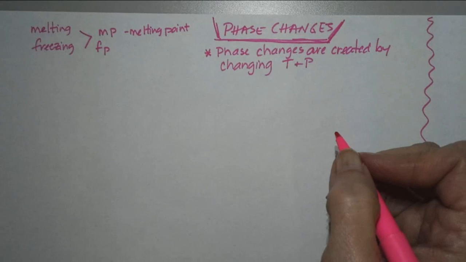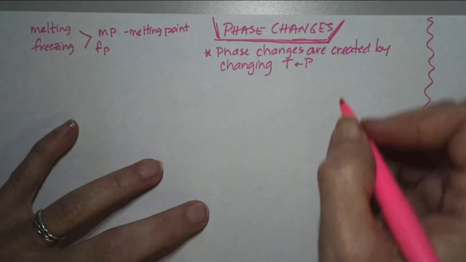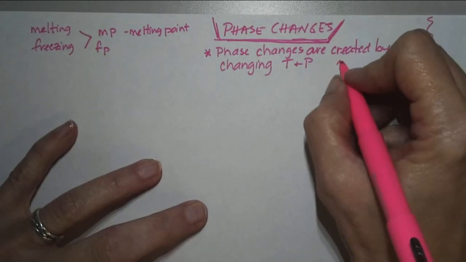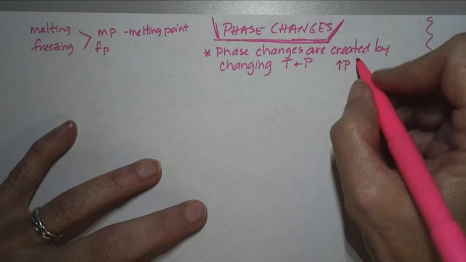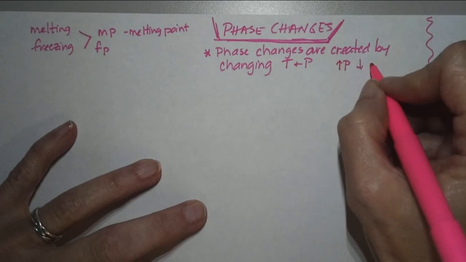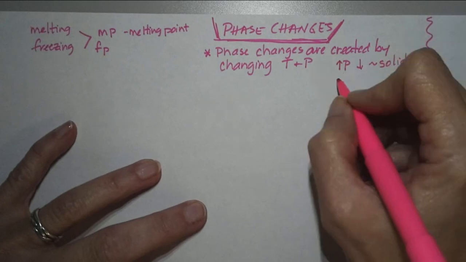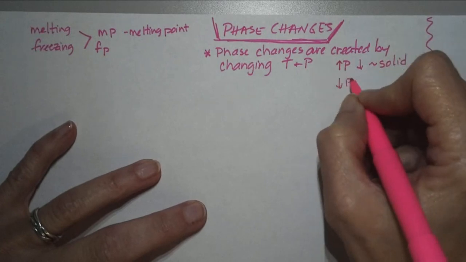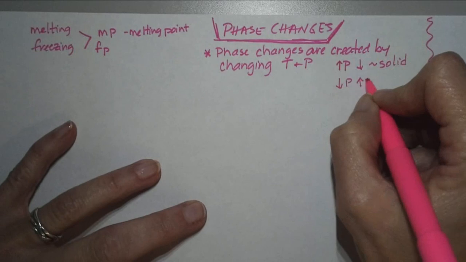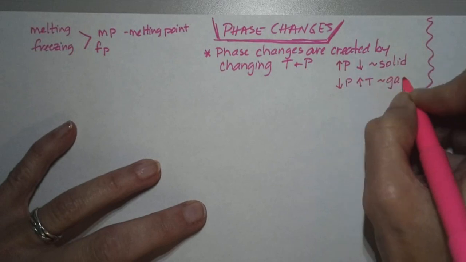If it's a high pressure and low temperature, we typically have a solid. And if it's a low pressure and a high temperature, we typically have a gas. Obviously, that's in general what you can think of, right? And then the liquids are somewhere in between there.